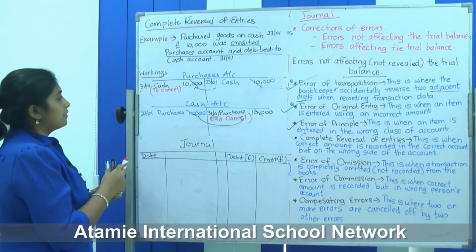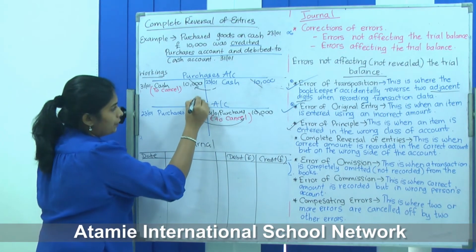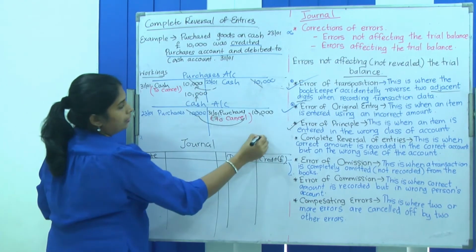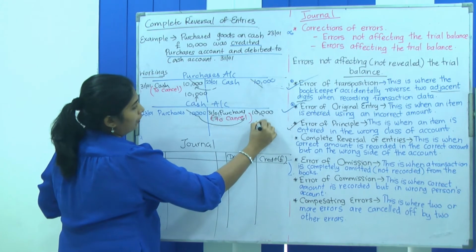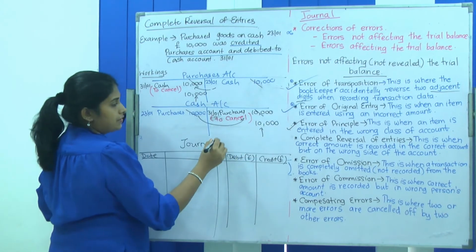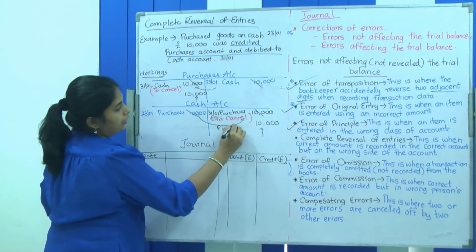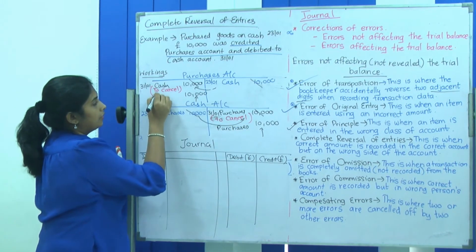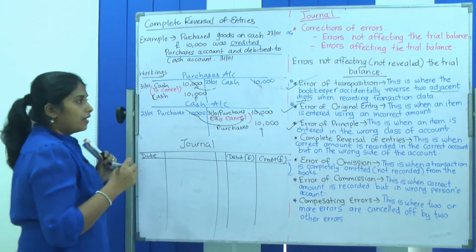To correctly enter, another 10,000 should be recorded to record the correct transaction. That means here another 10,000 should be credited and 10,000 should be debited.